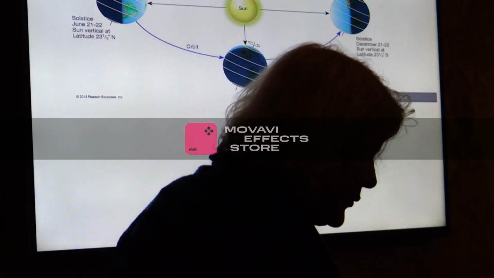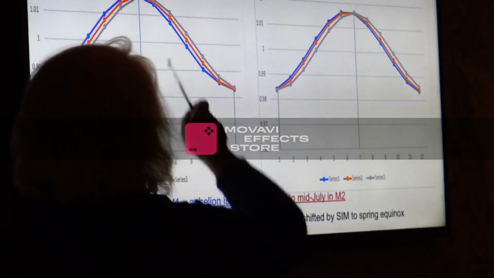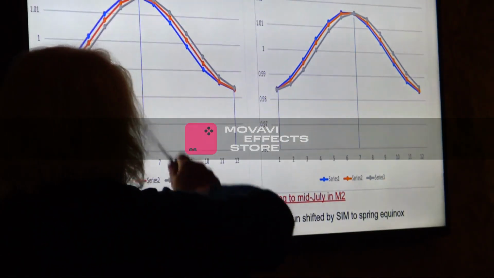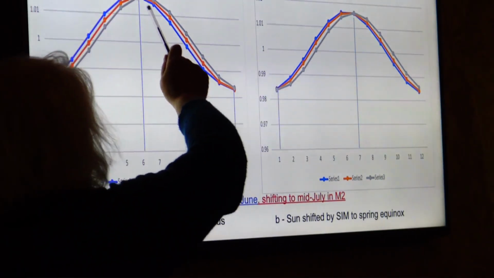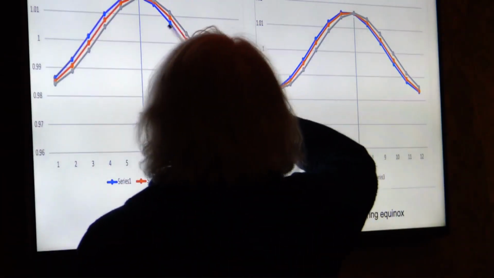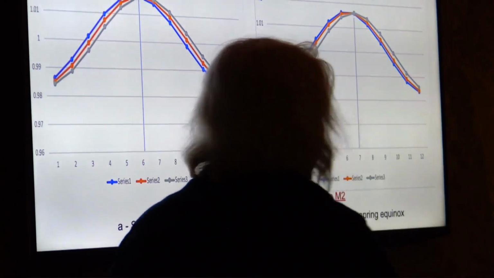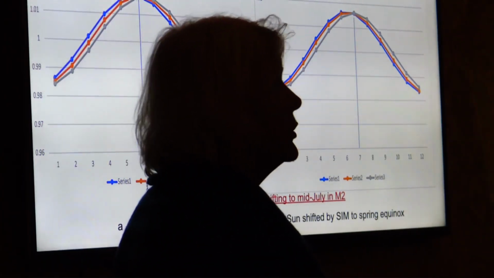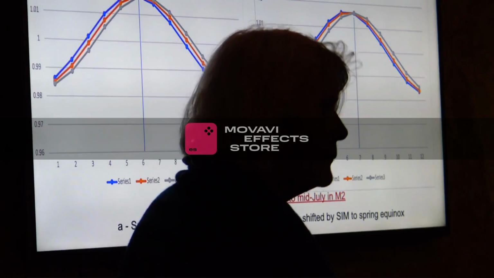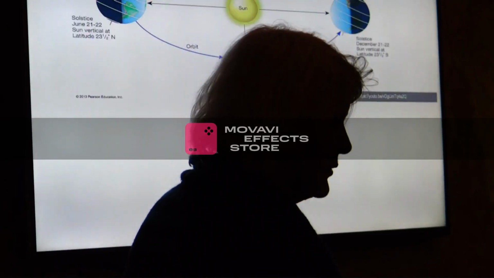So anyway, what we see now is that in the previous millennium, the maximum of solar distance was in June. Now in this millennium, the longest distance will be in July. This is why we have this increase of the temperature.